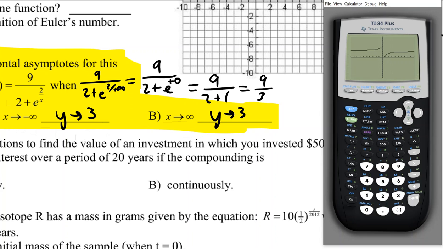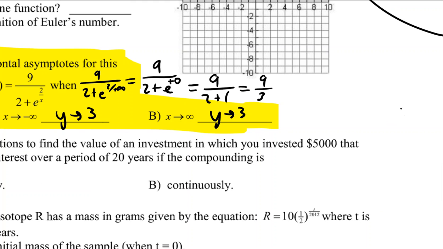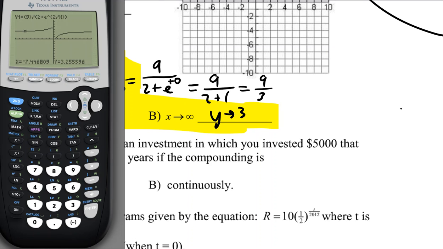So here's this one graphed. And notice, at -3, it's about 3.6. But as I get smaller and smaller, my y value here is getting closer to 3. Okay.